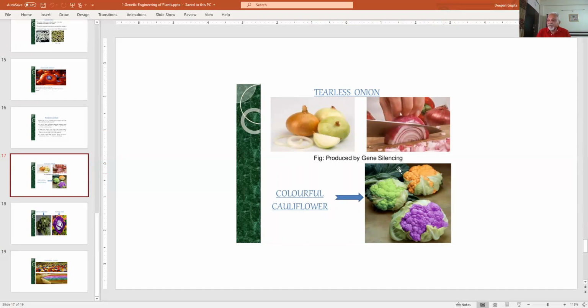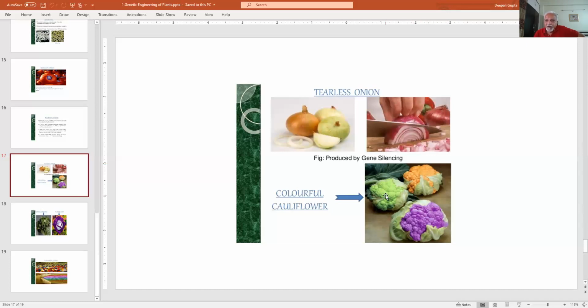But when you produce these kinds of products, they look very fancy, but then there is the question of acceptability, whether socially people will easily eat the orange cauliflower, because psychologically we are tuned for eating pale, whitish cauliflower, not the orange or violet and green.